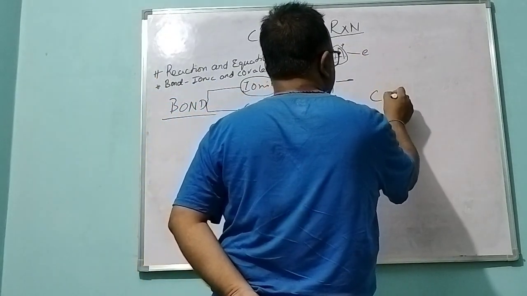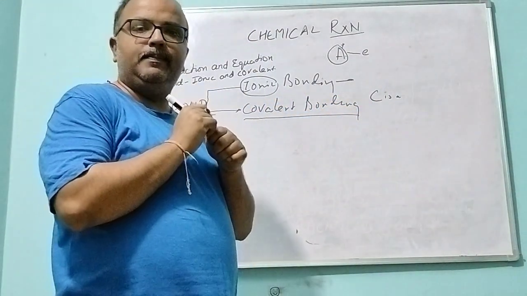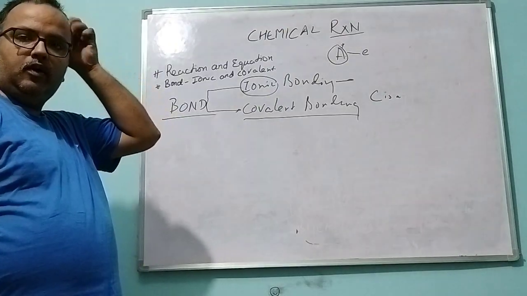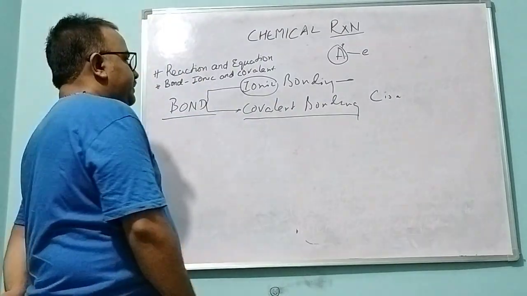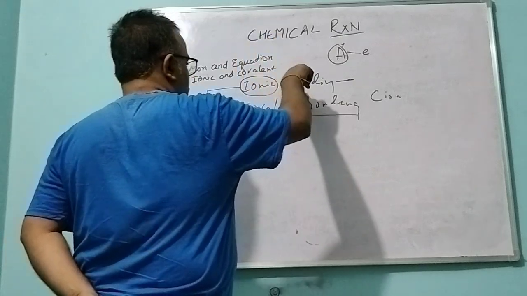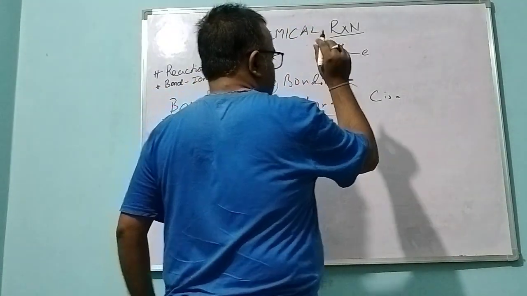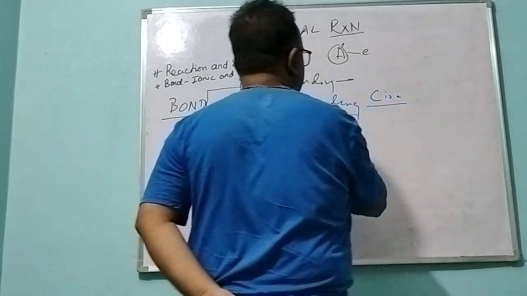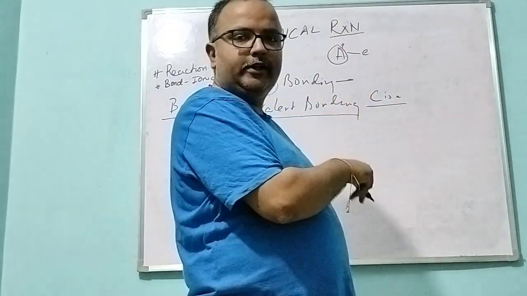Carbon is a very classic example of covalent bonding, and because of this covalent bonding, organic chemistry has developed and is in existence. Okay, so why is it that in ionic bonding we have to donate and in covalent bonding we have to share? Because let's take the example of covalent bonding first. Carbon can also donate or accept electrons.